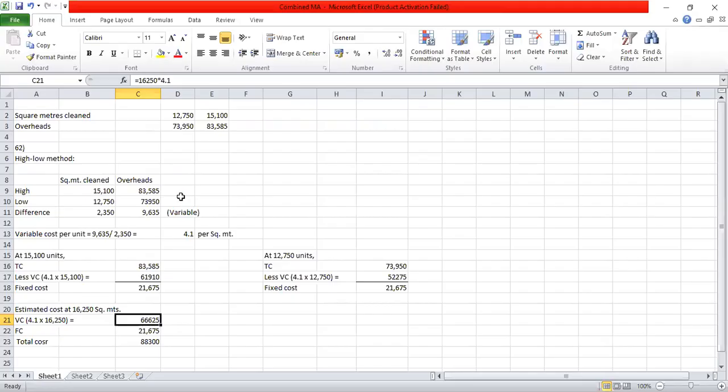Overhead cost, 16,200. Not 250. Okay. The activity is 16,200. So the answer, we got it as 88.